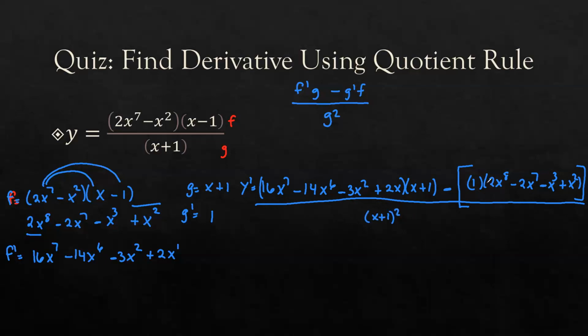Okay, so what we're gonna do is there's some work. Let's FOIL this one. This is probably the easiest. So it's 1 times this. It's just pretty much this. But then you have to FOIL out this minus. So it's going to be minus 2x^8 plus 2x^7 plus x cubed minus x squared.